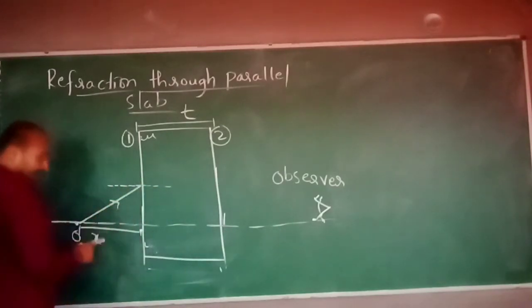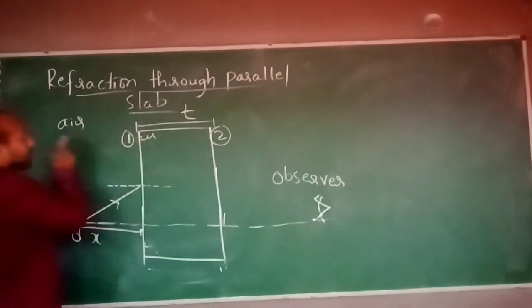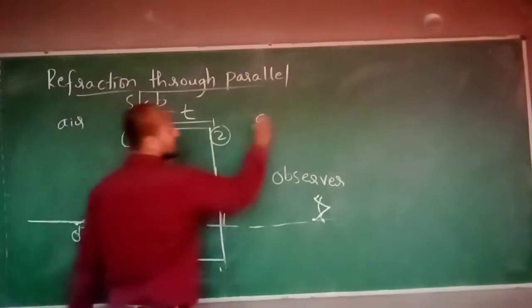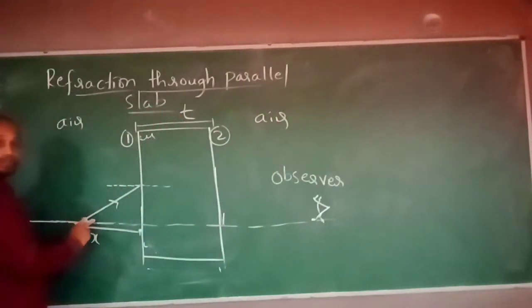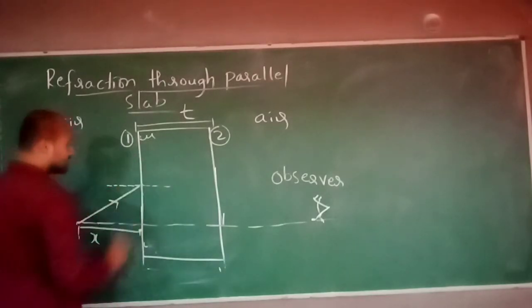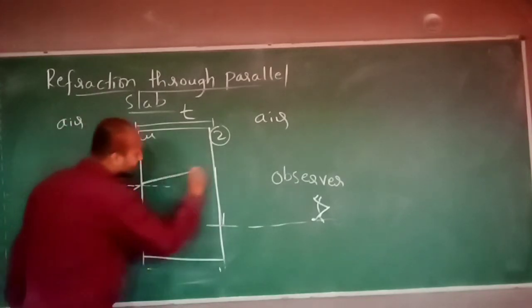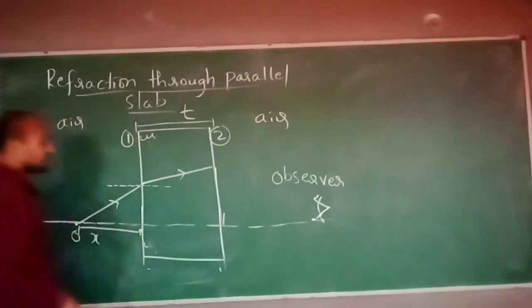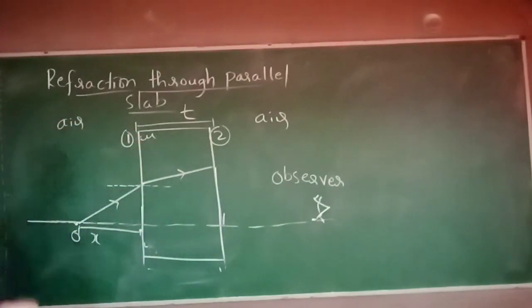This has refractive index mu. Here think that air is there, here also air is there. So the light ray is traveling from the object from rarer medium to denser medium, which means it is bending towards the normal.